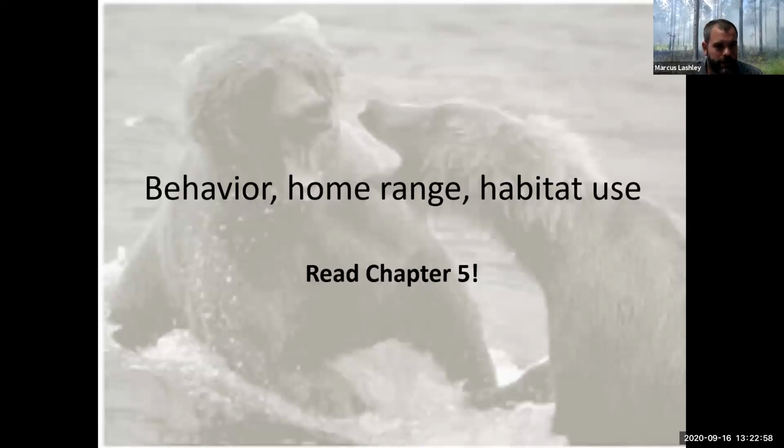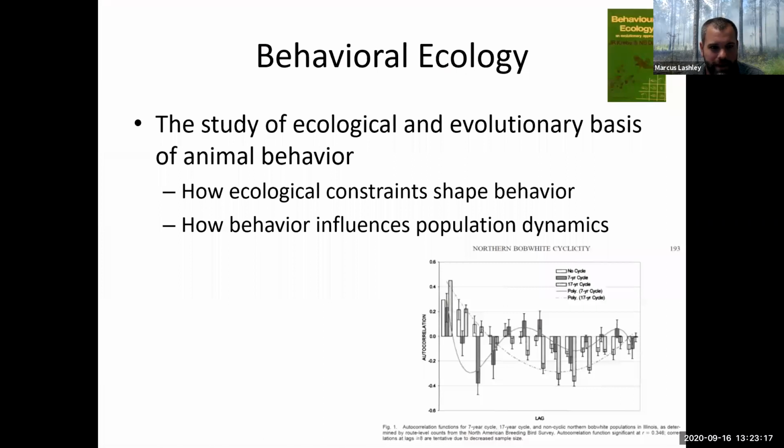All right, so we're going to talk about animal behavior and think about home range and habitat use a little bit today. Make sure that you read chapter 5, which is going to go over a lot of material related to this as well. So when we're talking about behavioral ecology, we're basically talking about the ecological and evolutionary basis of animal behavior.